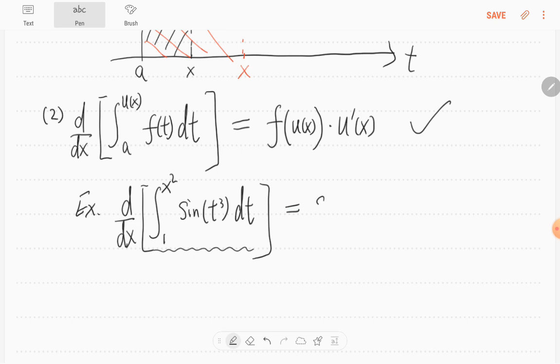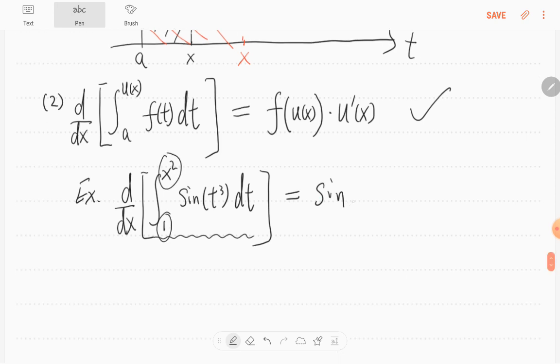We just plug in. Here is a constant, here is a function about x, here is x squared. So we just replace t with x squared. So x squared, then cube, right? Then multiply by the derivative of x squared.